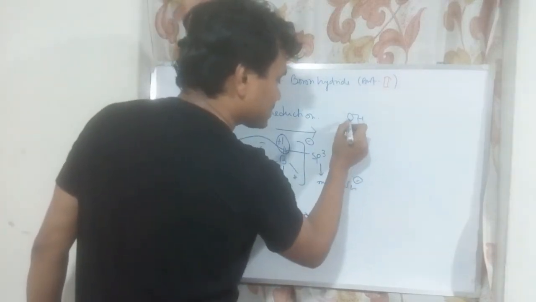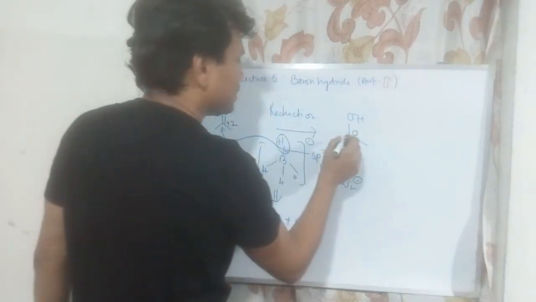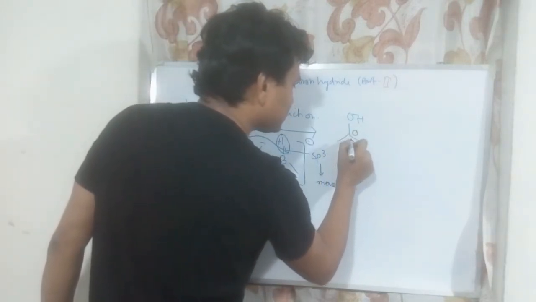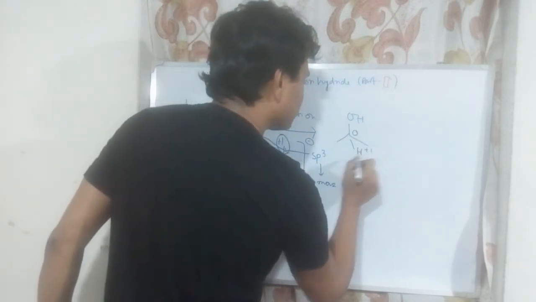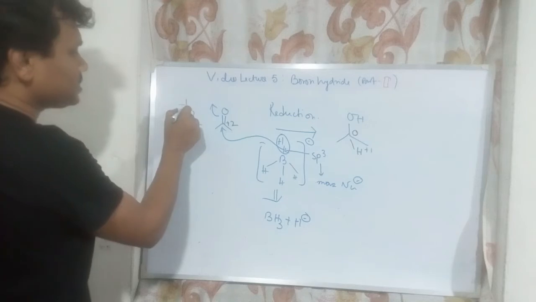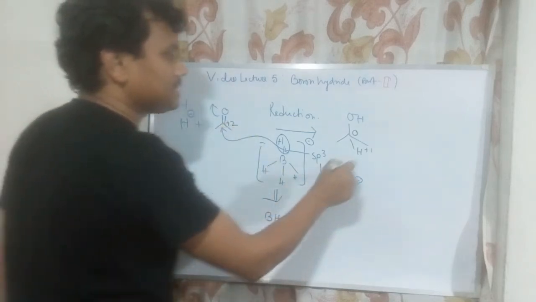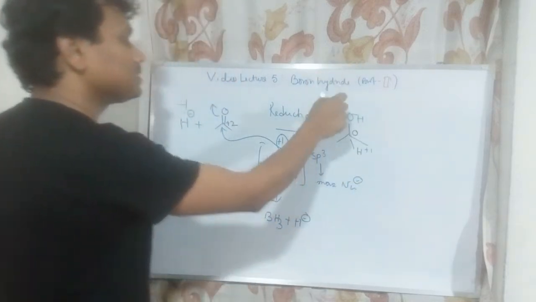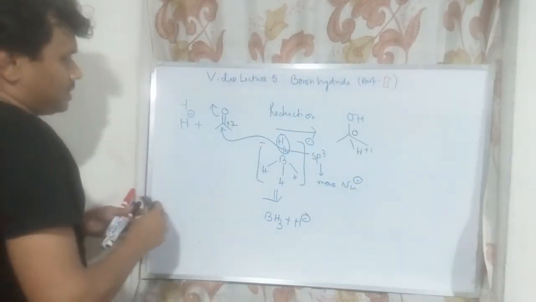Here the oxidation state of this carbon is 0, and the hydrogen attached here has +1. So ultimately the hydride is getting oxidized and this carbon is getting reduced. That's why we call this a reduction reaction.